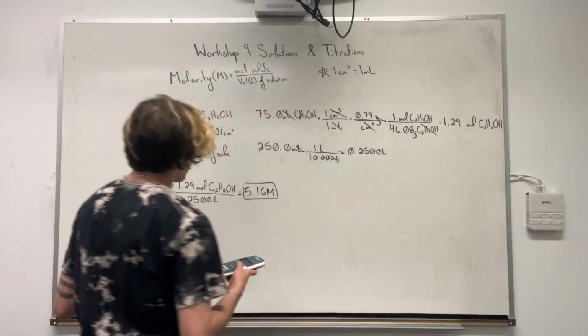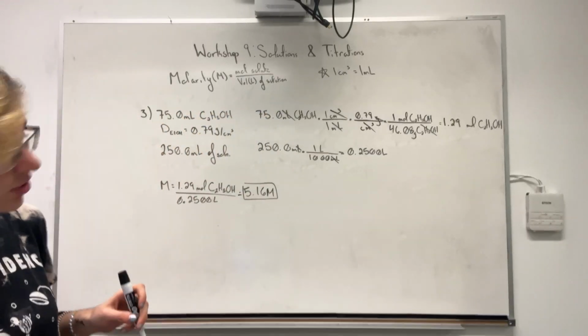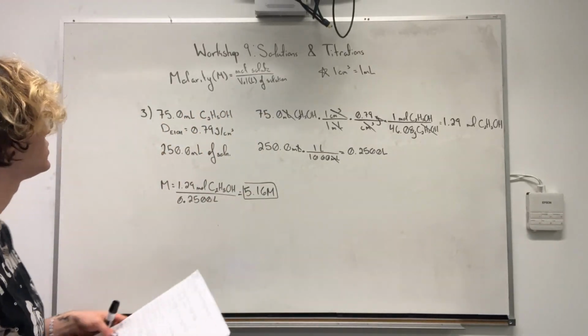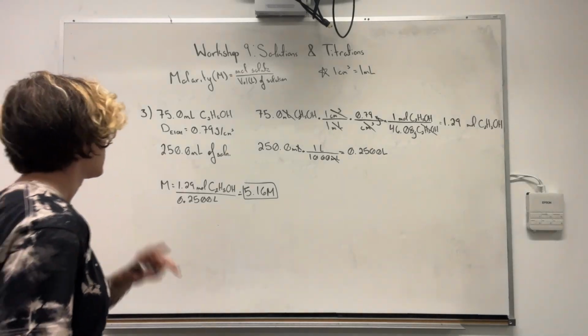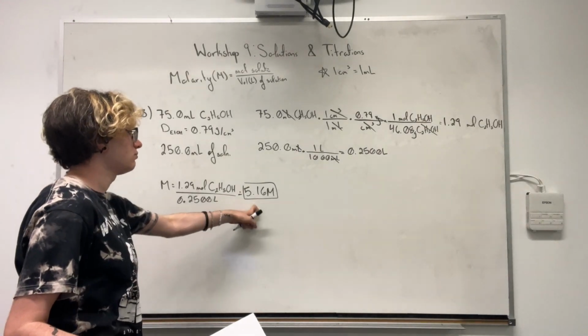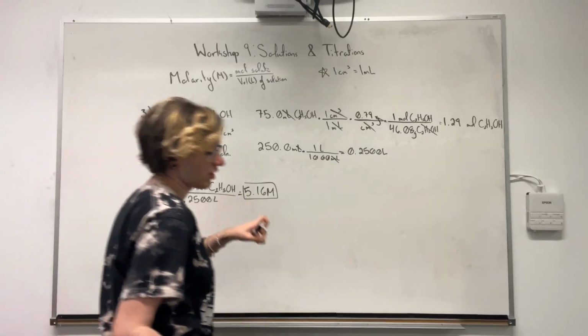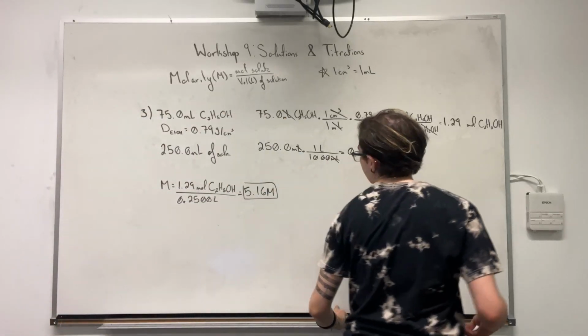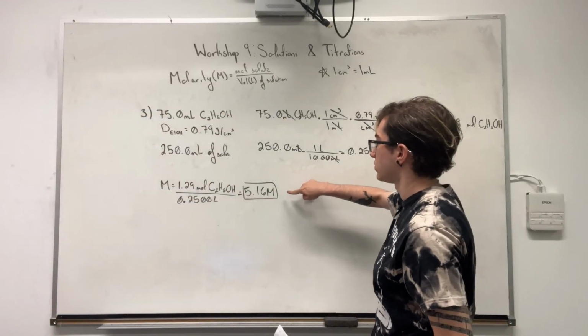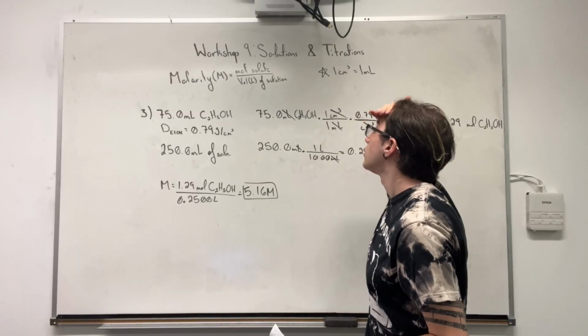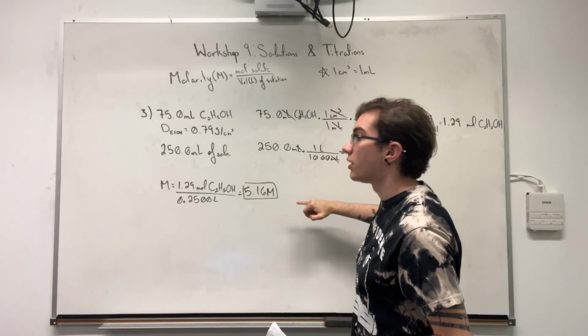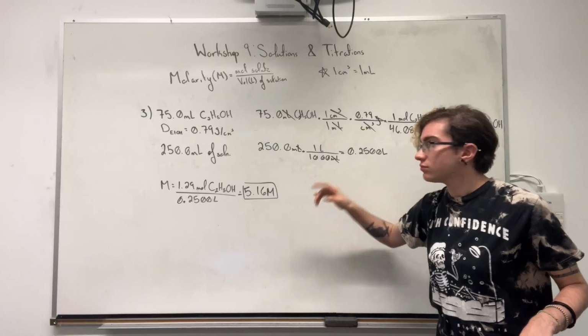This solution has 5.16 moles of ethanol for every liter of solution. And now notice how I keep wording molarity every time we solve for it. 5.16 molarity, that means we have 5.16 moles of ethanol for every 1 liter of solution.